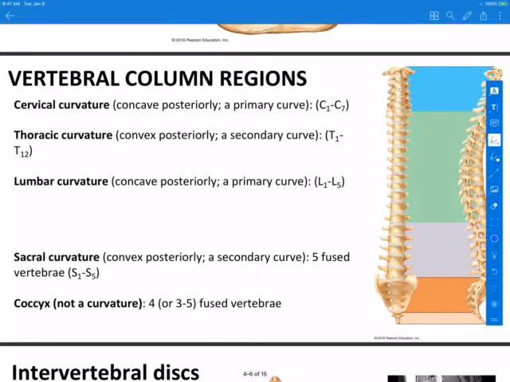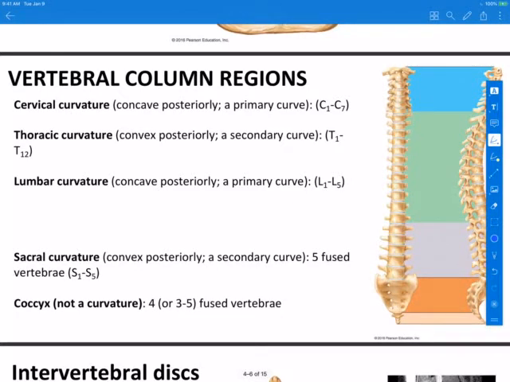So C1 to C7. And then the thoracic curvature, which is just inferior to that, includes 12 thoracic vertebrae. And then the lumbar curvature, just inferior to the thoracic curvature, includes 5 lumbar vertebrae.